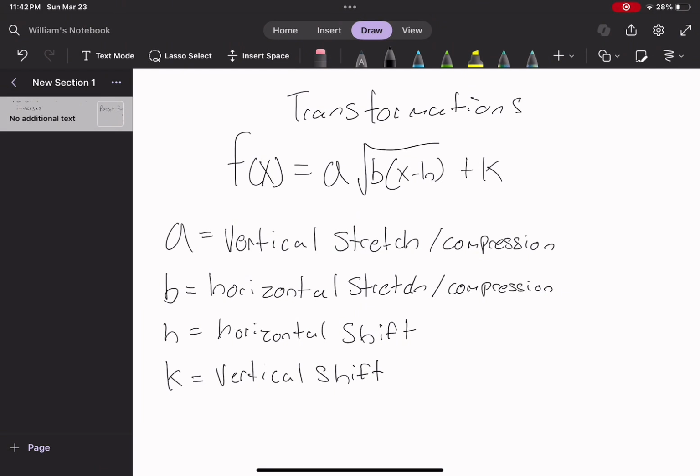Horizontal shift is left or right, and vertical shift is up and down. Some things do get a little bit tricky, and you'll see that as we go. One thing I am missing here is reflections, and I will get to that very shortly.